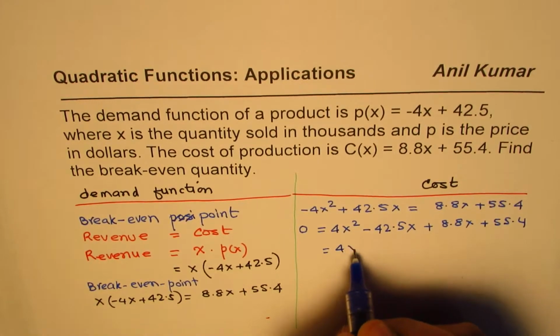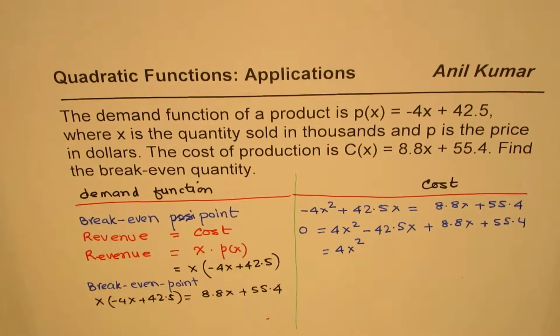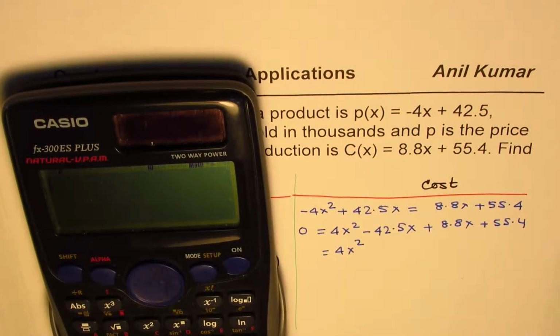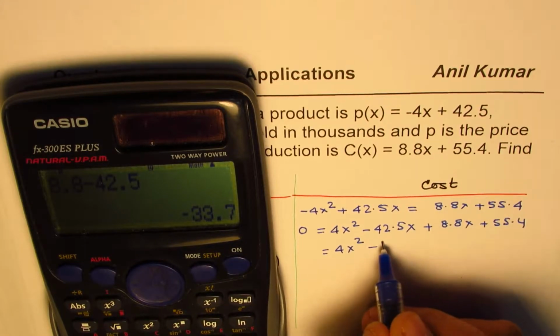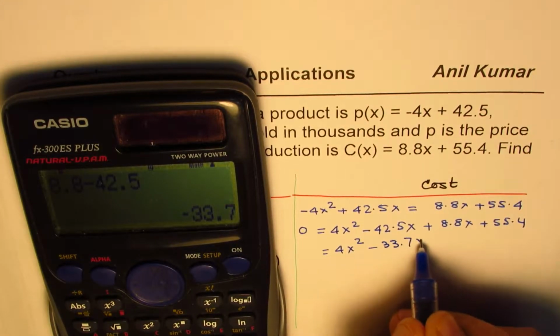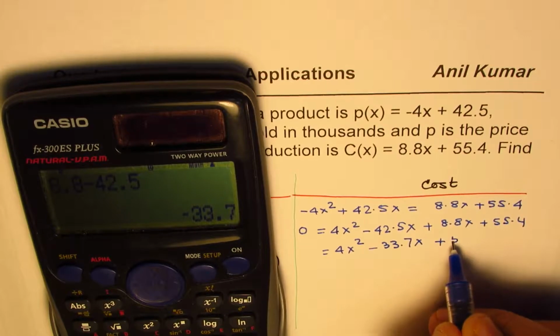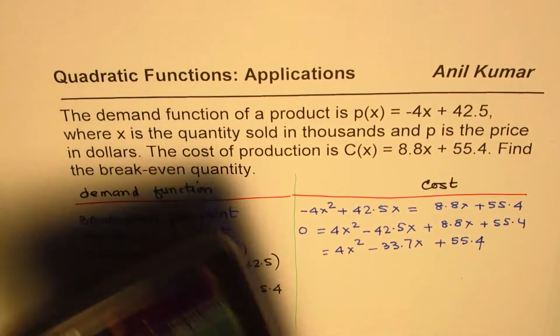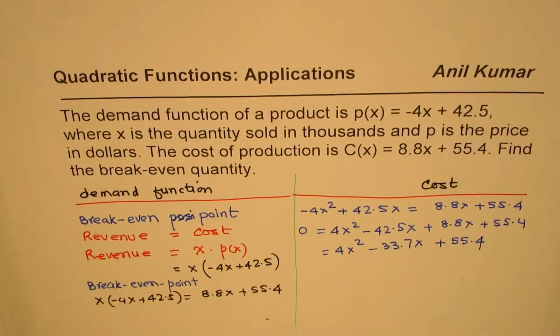Let's combine these two using the calculator. It is 8.8 minus 42.5, which is minus 33.7x, and then we have the number 55.4.